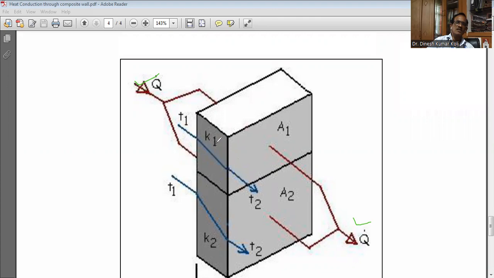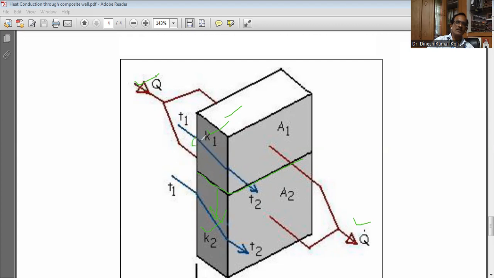The upper portion has a material with thermal conductivity K1, and the lower portion has thermal conductivity K2. This is the separation line. Above this line the material is different, and below this line the material is different, having thermal conductivities K1 and K2.